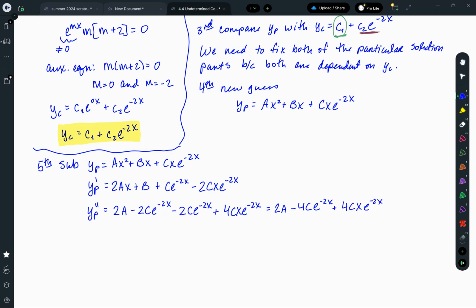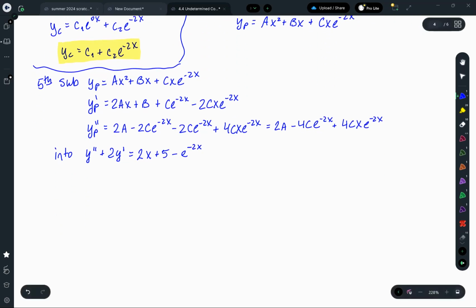Okay, so we're going to sub all three of those into the original differential equation, which is y double prime plus 2y prime equals 2x plus 5 minus e to the minus 2x. Okay?